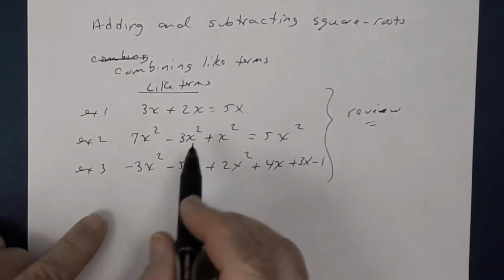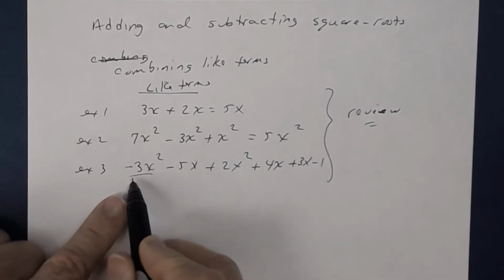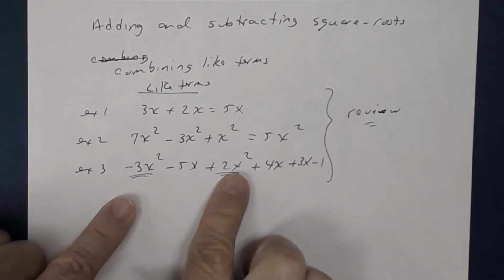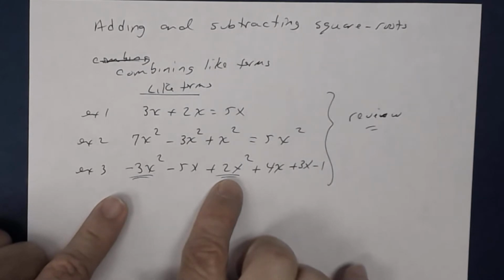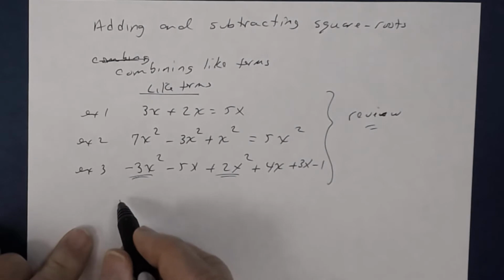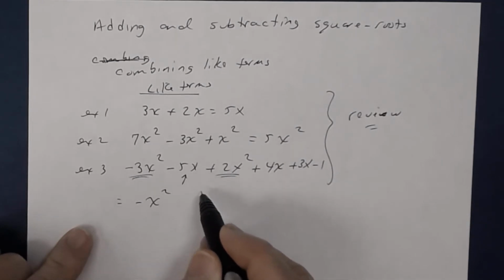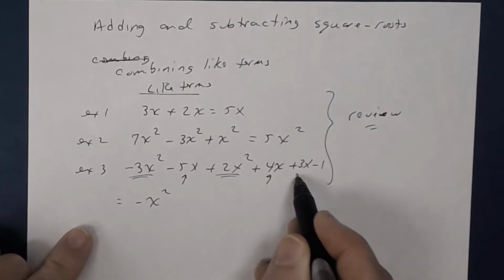So the only like terms here in terms of x squared would be a negative 3x squared and 2x squared. Do you agree those are like terms? Okay. So a negative 3x squared and a positive 2x squared gives me negative 3 plus 2, which is what? Negative 1. So that becomes negative x squared. Then you have a negative 5x, and I can combine it with 4x and 3x, right?